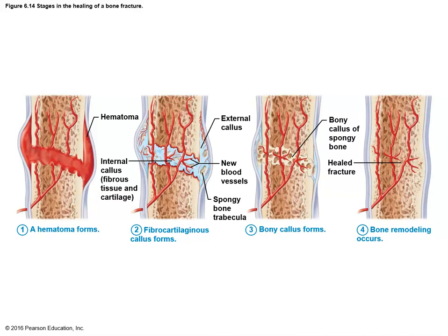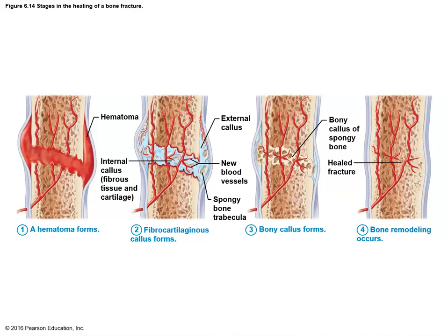So step one, hematoma, basically large blood mass. That hematoma will convert to a fibrocartilage callus. So what that means is that it forms cartilage, and we'll probably have a little bit of hyaline cartilage mixed in here as well. So what it's doing is it's replacing all of the blood mass with cartilage, and remember what follows cartilage? Bone. So for bone to form, it had to have cartilage structures in place.